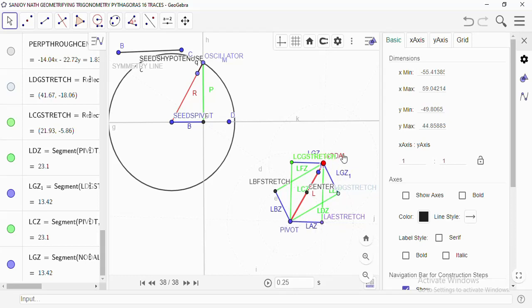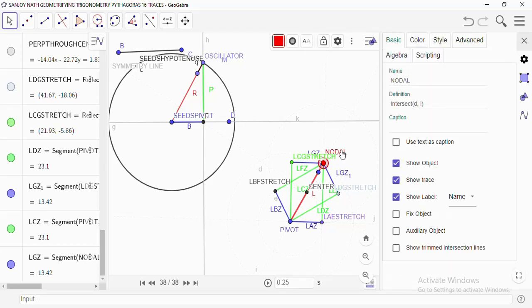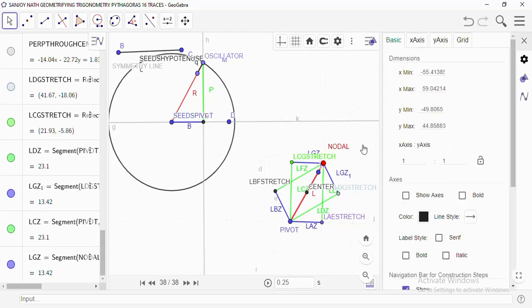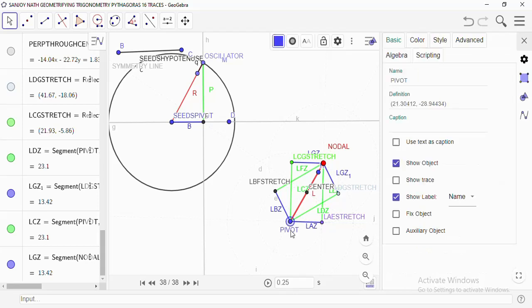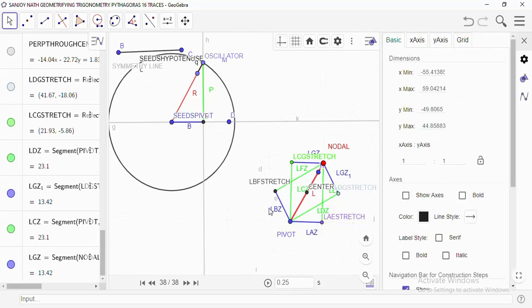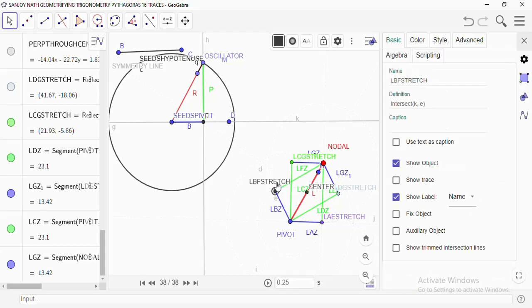In the later videos I will show more conventions of naming for these points, because without proper naming of the points and line segments we cannot write good theorems. Until we have conventions strong enough, we cannot write good theorems in any kind of theory.